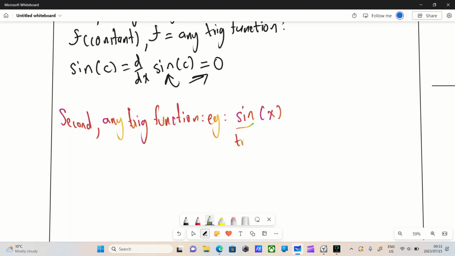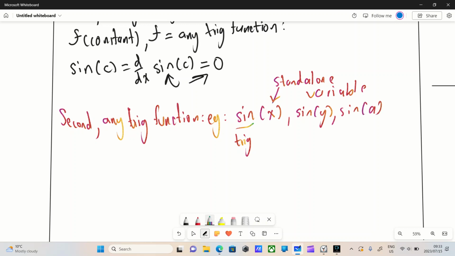So trig function and standalone variable, or at least I call it standalone variable. And this can be anything. So it can be sine x, it can be sine y, it can be sine a, it can be, let's be a little different, cosine b. This is the form of any trig function which takes as parameter a single standalone variable.